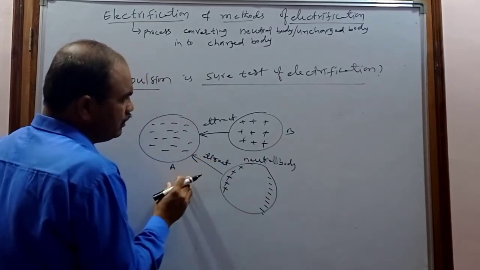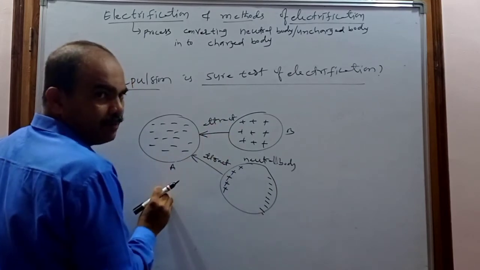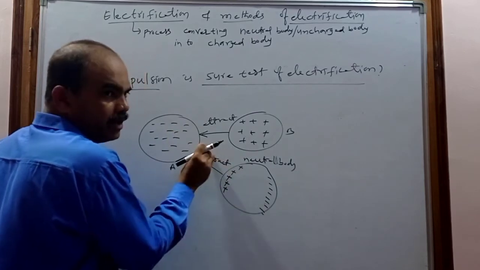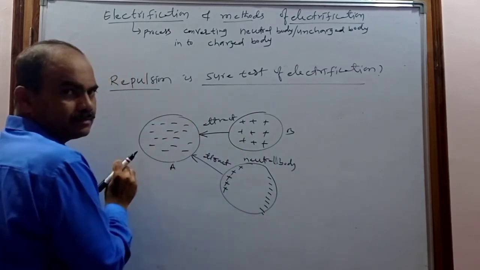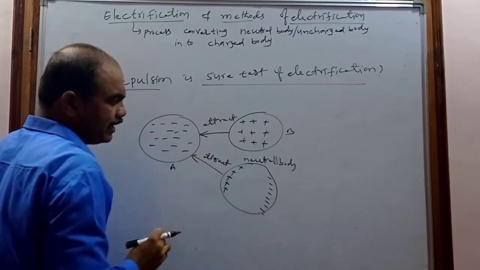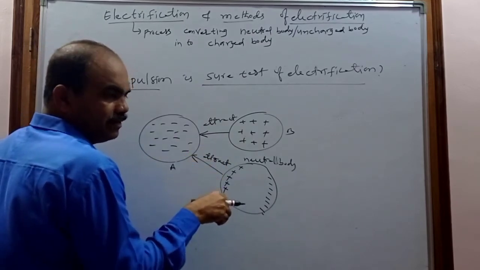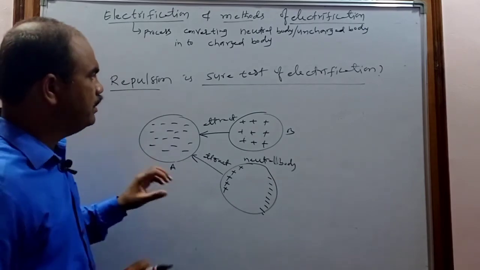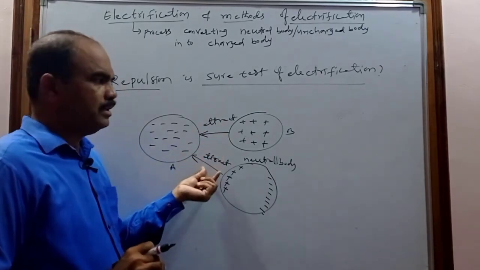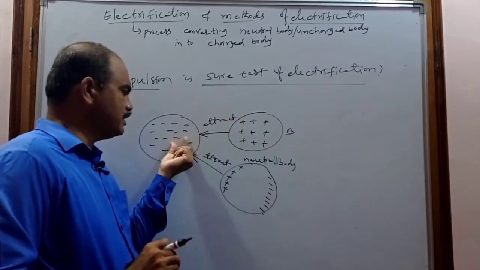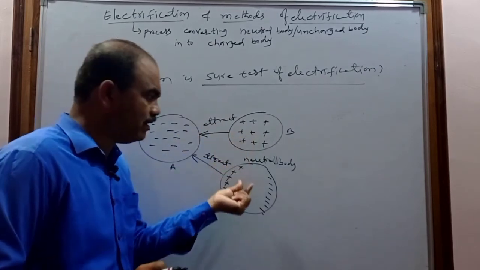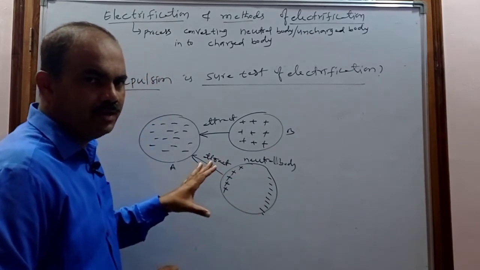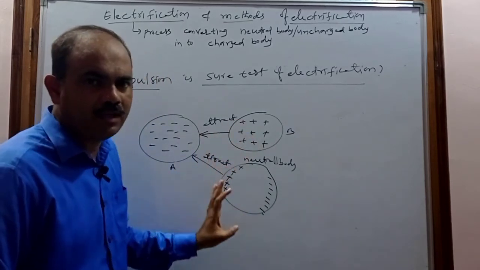So in case of attraction, both the oppositely charged body and the neutral body are attracted, and by using attraction we can't decide which one is charged and which one is uncharged, because both are attracted.